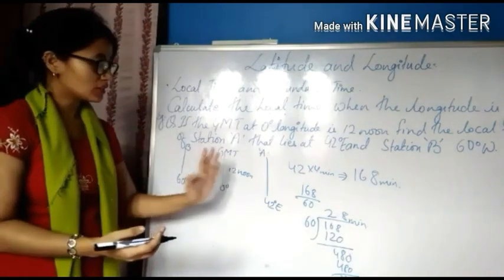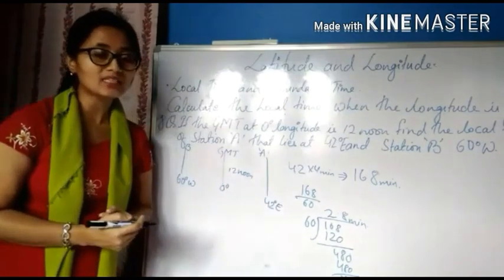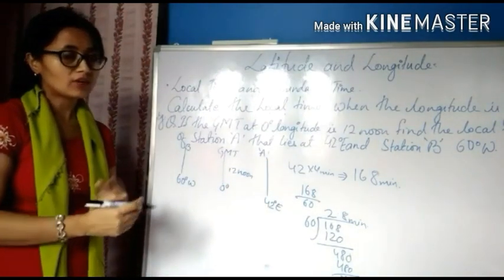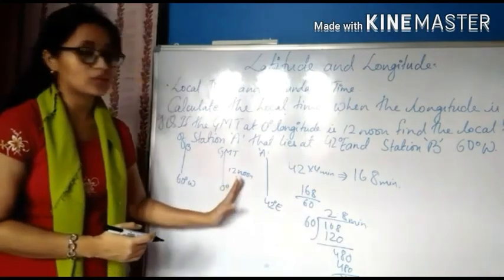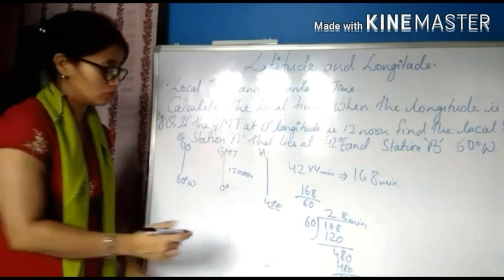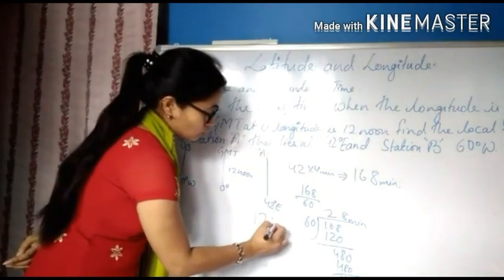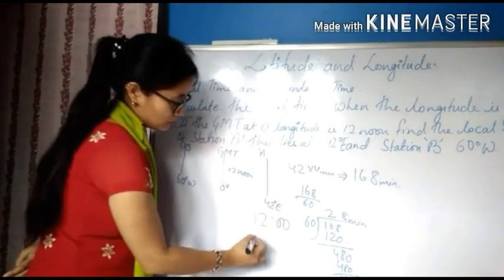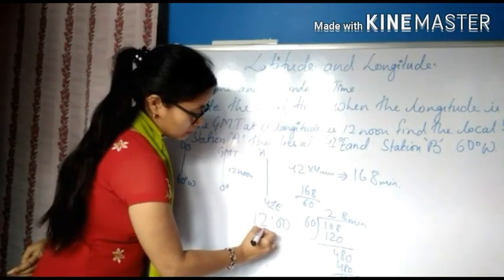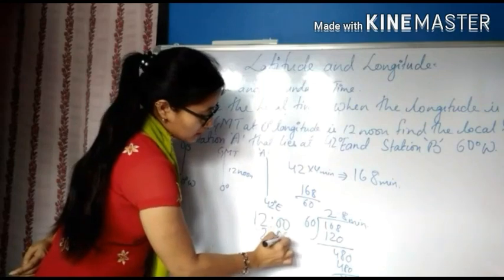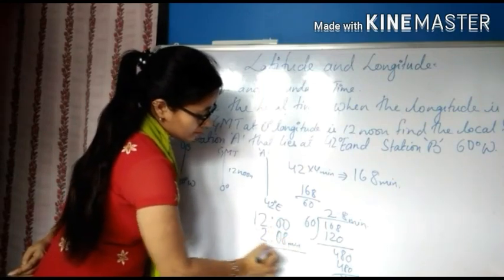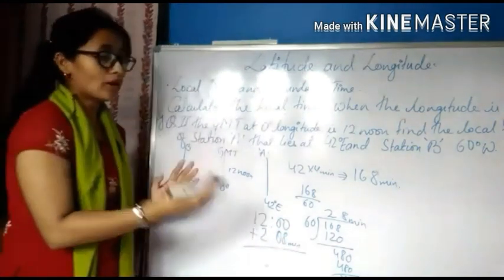Now what do you have to do? Since this station A lies in the eastern hemisphere, you have to add these hours to this 12 noon. 12 noon plus 2 hours and 48 minutes. Add this. Why addition?